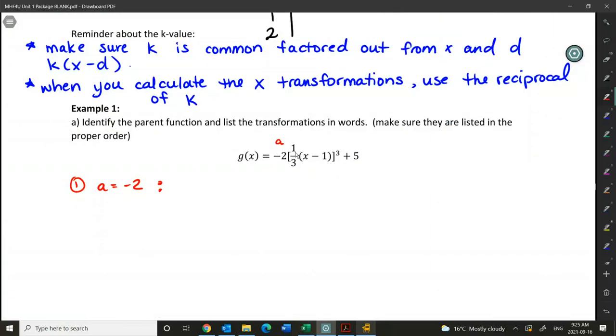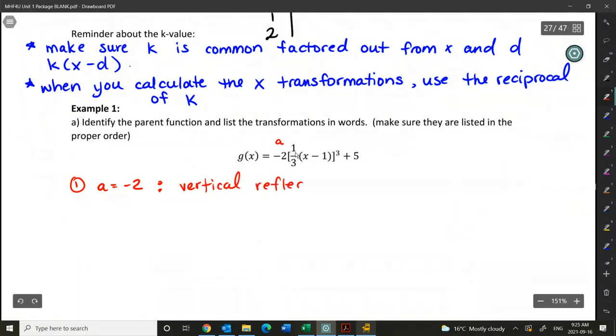Somebody tell me what an a value of -2 is going to do to our graph here. Esther? Okay, perfect. It is a vertical reflection. That's the negative part. And it is a vertical stretch by a factor of 2.